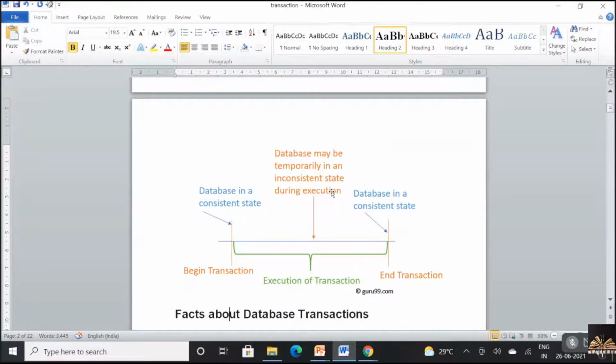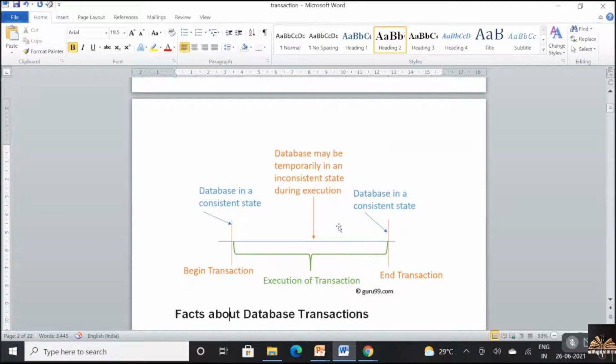This particular green color phase is nothing but the execution of a transaction. The database objects are being modified. They are being read.